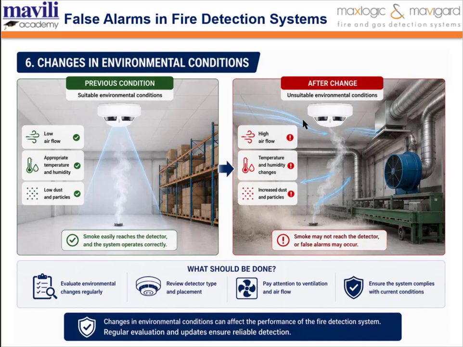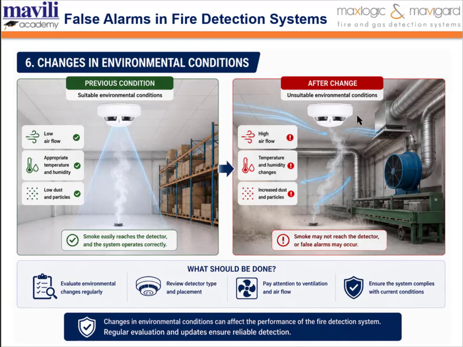Next, changes in environmental conditions. The previous condition is suitable environmental conditions: low airflow, appropriate temperature and humidity, and low dust particles. So if there's a smoke detector in the area, smoke easily reaches the detector and the system operates correctly.